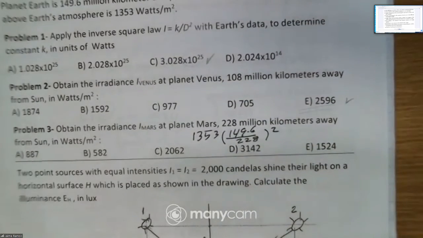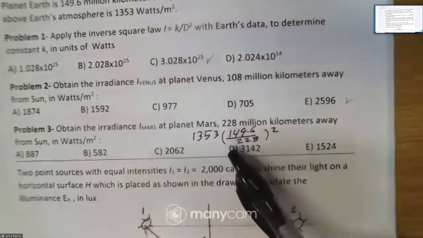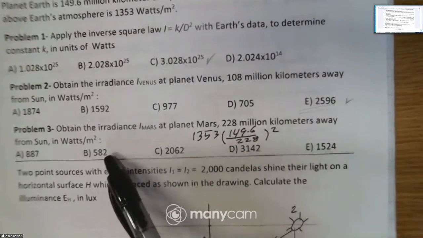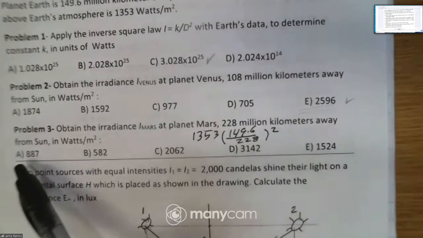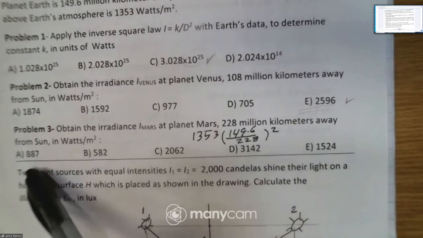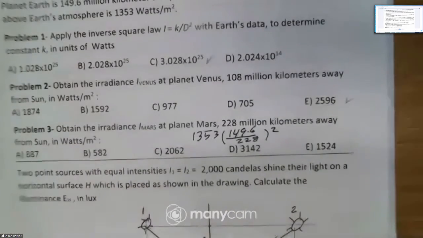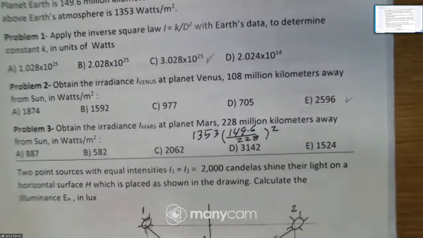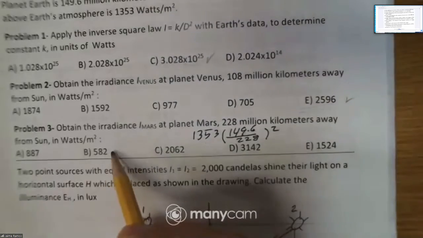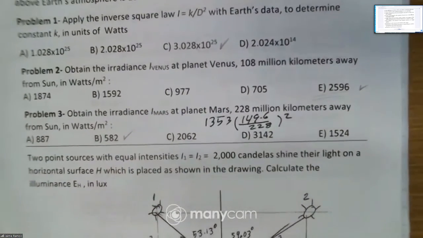So that number is got to be less than 1,353. So it'd be A or B, one of these two. And it turns out to be B.